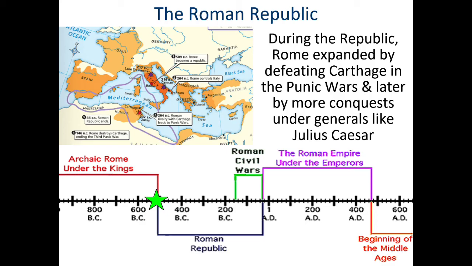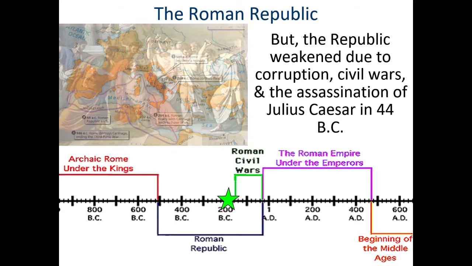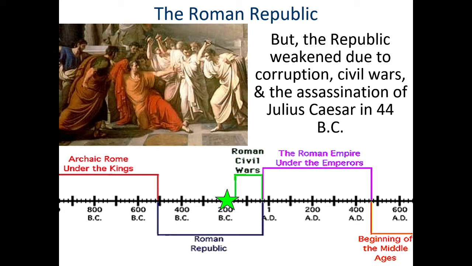As we know, during the Republic, Rome expanded by defeating Carthage in the Punic Wars and later by more conquests under generals like Julius Caesar. But then, as we know, the Republic weakened due to corruption, civil wars, and the assassination of Julius Caesar in 44 BC.